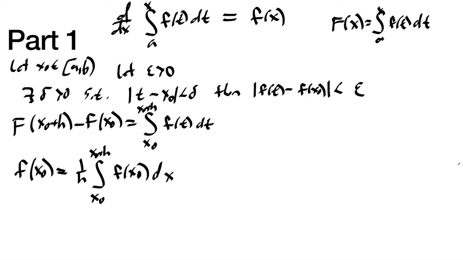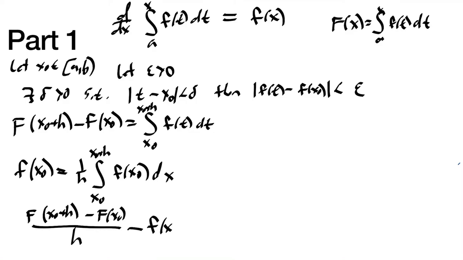But why would I want to do all this? Well, I want to do all this so that I can do a little bit of subtraction and make everything work out really nicely, so that I can take f of x naught plus h minus f of x naught all over h, and I can subtract f of x naught from that.